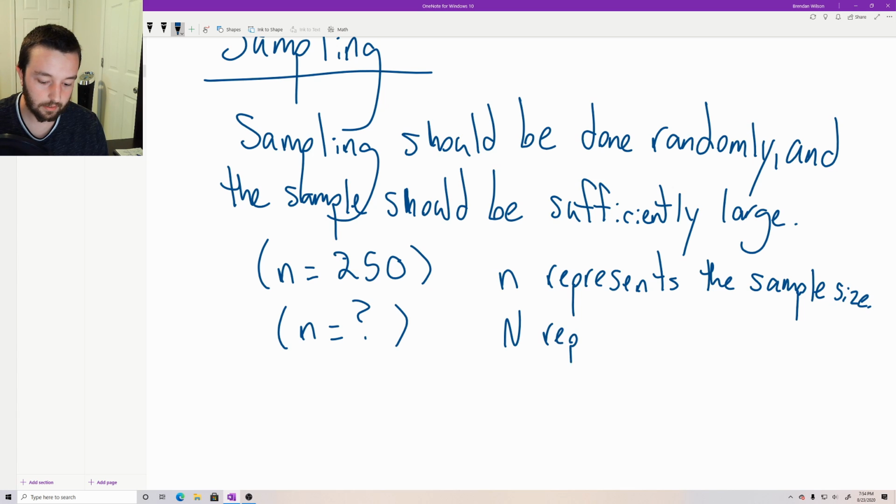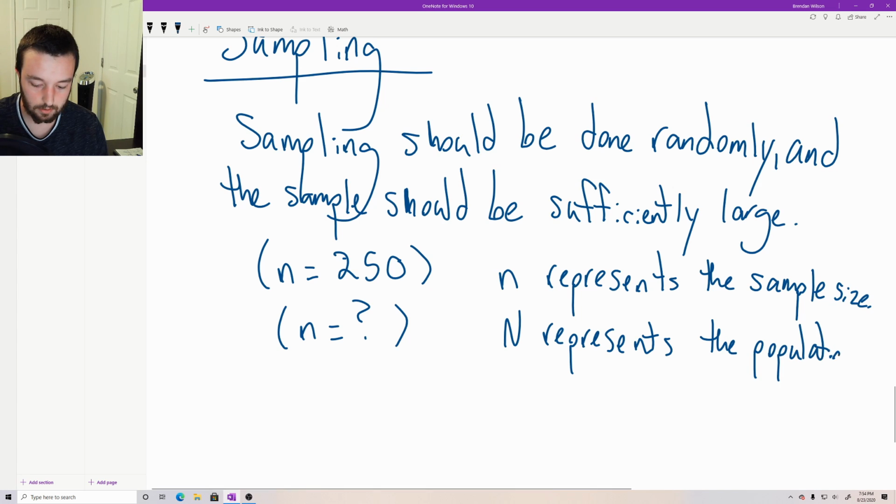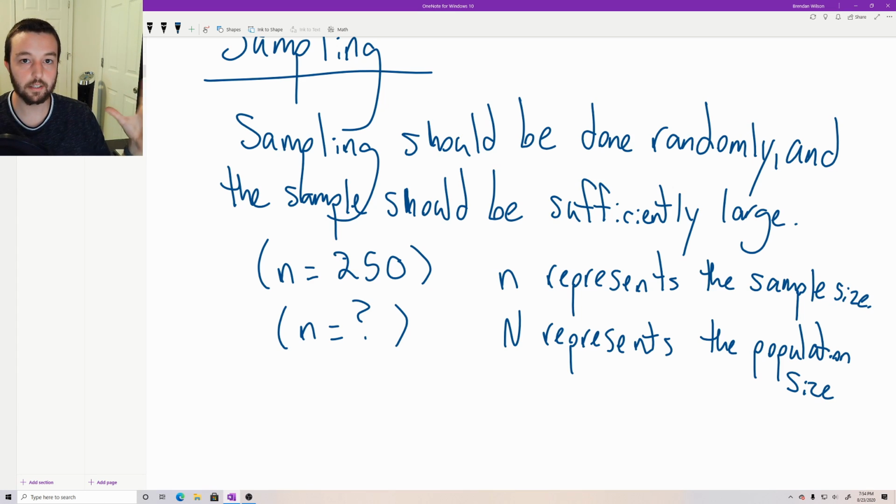A capital N usually represents the population size. So remember, the population is the entirety of whatever you could study. The sample is what you actually do study.